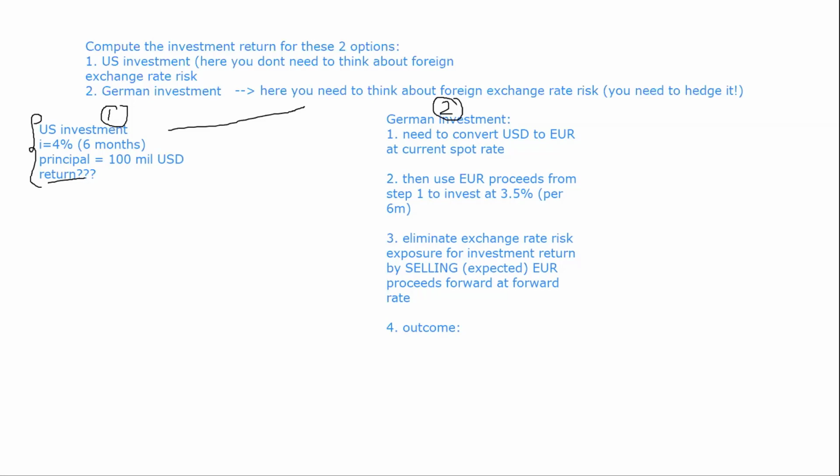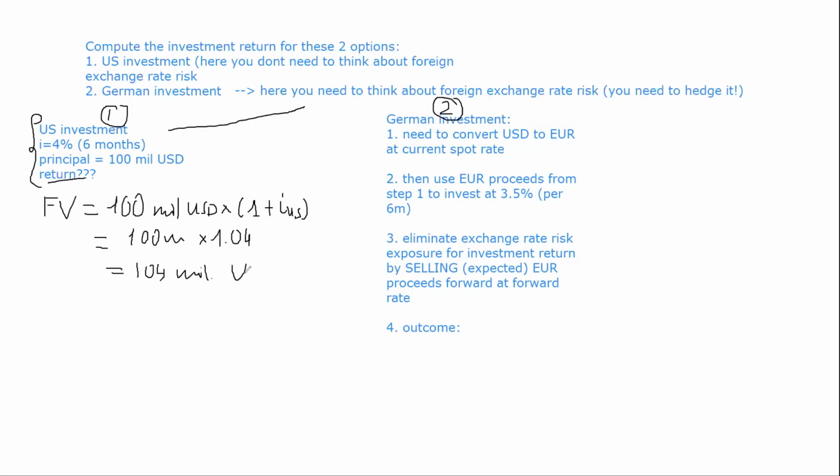I've got an answer in the chat box: 104 million, yes, spot on. So here I'm just doing a future value calculation. I'm going to take the principal, which is 100 million USD, and multiply it by 1 plus I. In this case, it will be 100 million times 1.04, and that will be 104 million USD.